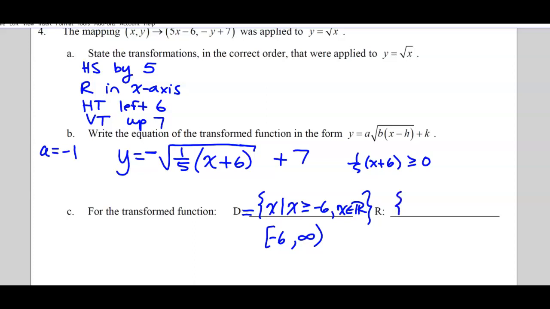So y is less than or equal to 7, or -infinity to 7. Whatever this constant term is going to be that number, right? The negative tells you if it's below that or above that.